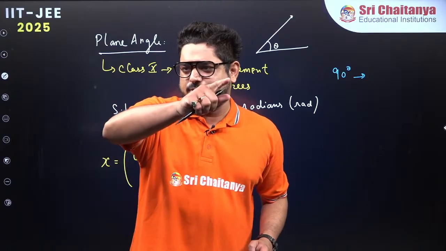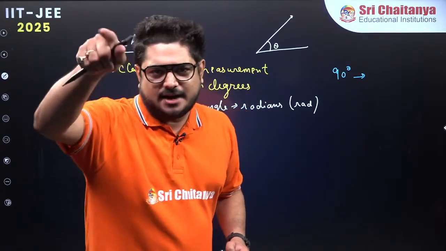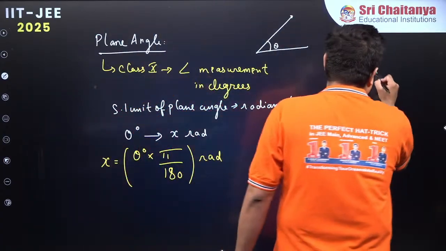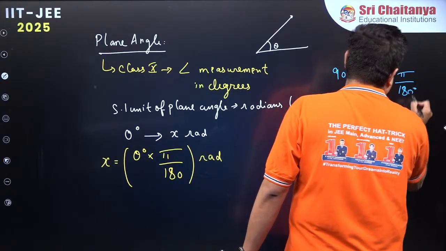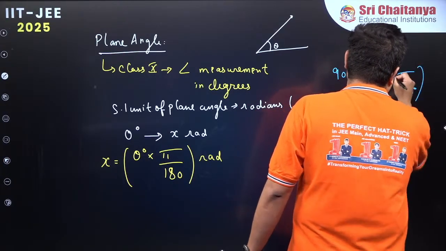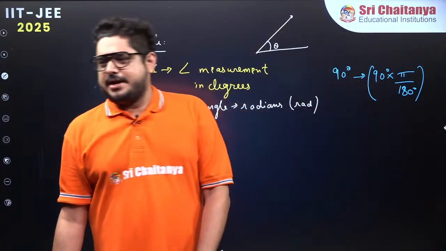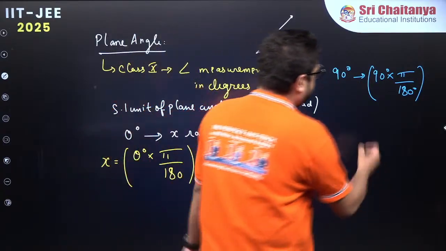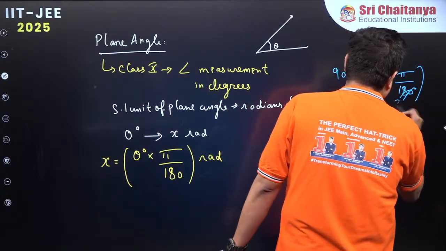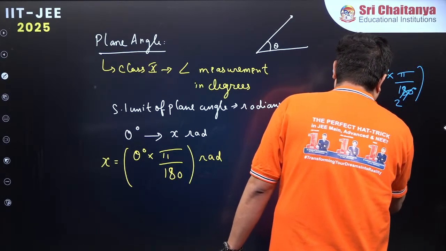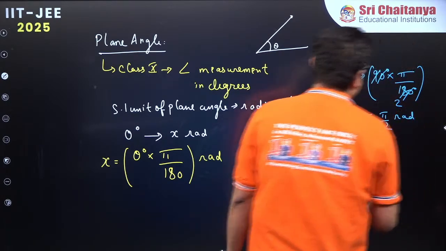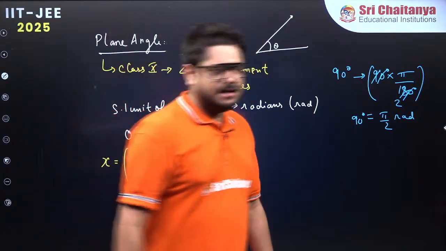I can write 90 into pi by 180. As a result, we get pi by 2, isn't it? We can write the equivalence of 90 degrees as pi by 2 radians.